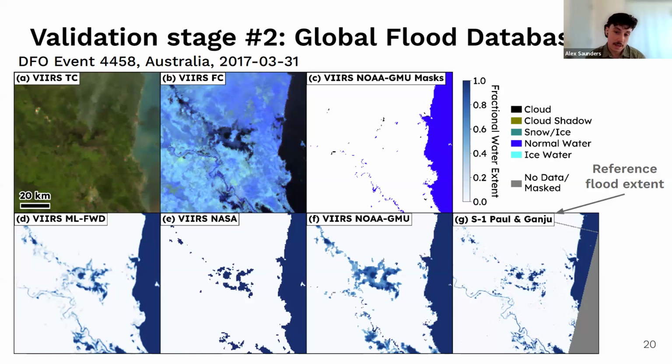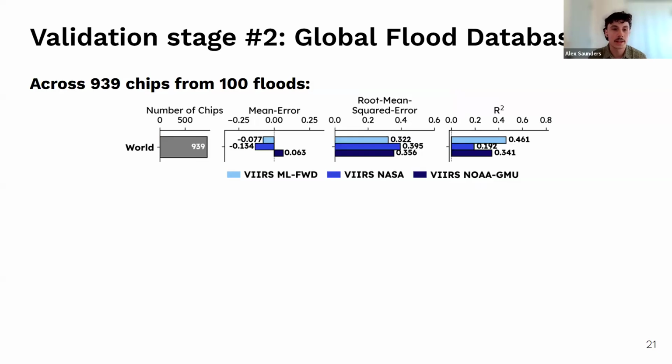And then in this example, for our reference data we were using a deep learning algorithm for Sentinel-1. You can see that our model is doing a good job of capturing that large flooded area in the center of the scene, but it's also doing a really good job of picking up some of the finer scale details. When we look at that across all of those 100 flood events, these are our aggregate statistics.